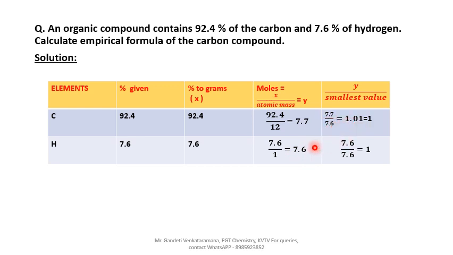And 7.6 divided by 7.6 gives 1. So we have to take approximate whole number values. Actually 1.01, you should consider it as 1 only.